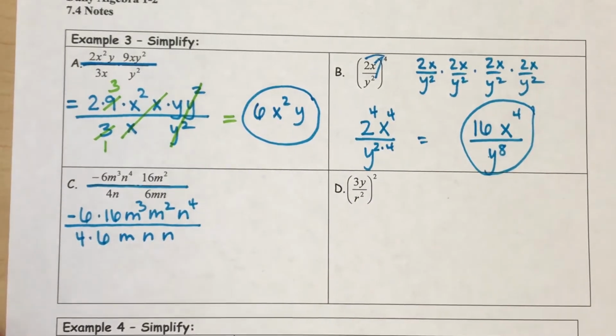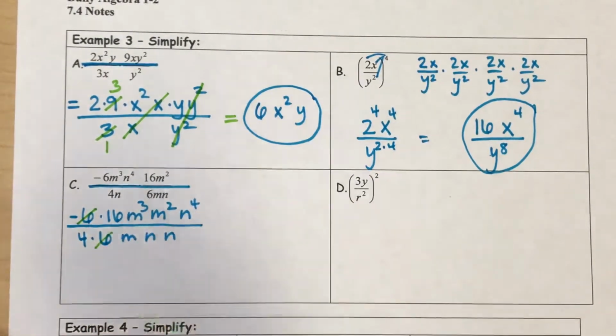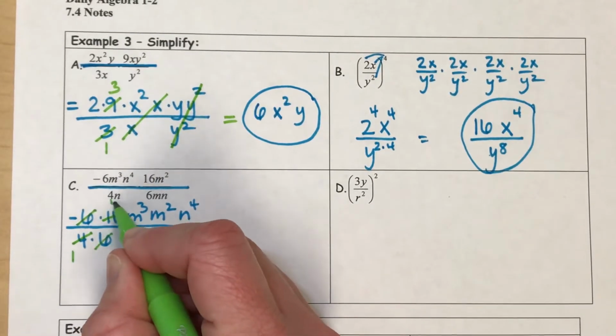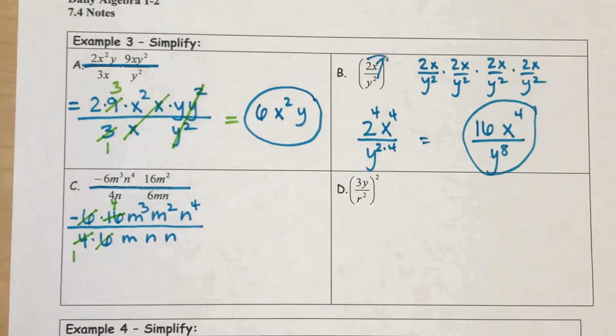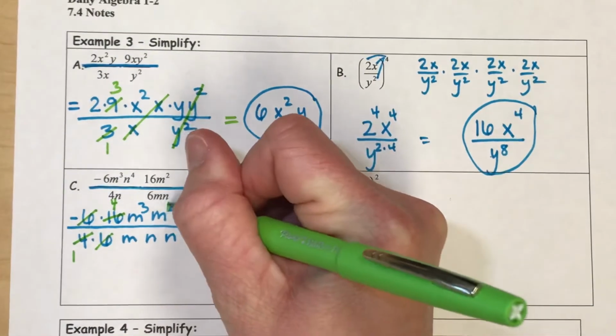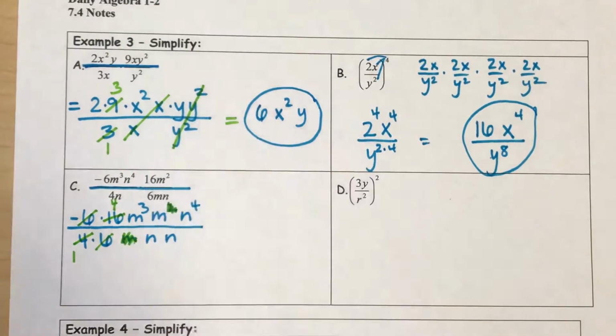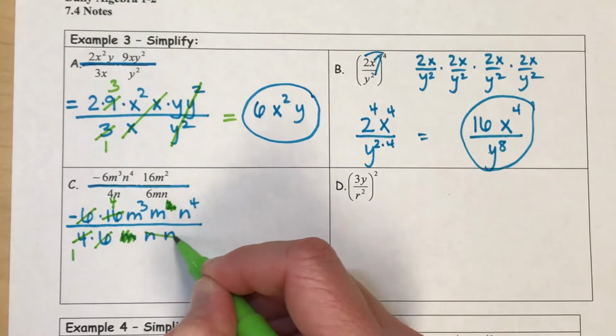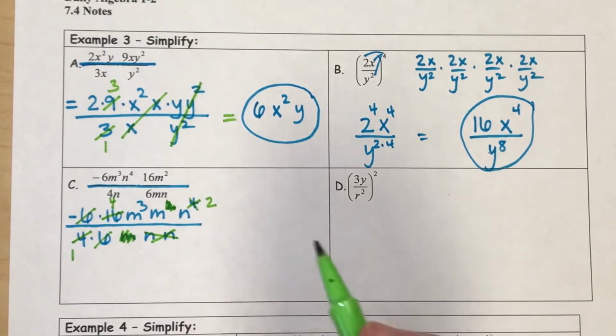So now if I do some canceling, I notice that my 6 and my 6 can cancel, because those are the same. 4 can cancel with 16, because there's 4 4s in 16. Now if I have m squared and 1 m, let me cancel my square and cancel this m. Now if I have 4 n's and I take away 2 of them, I'd be left with 2.